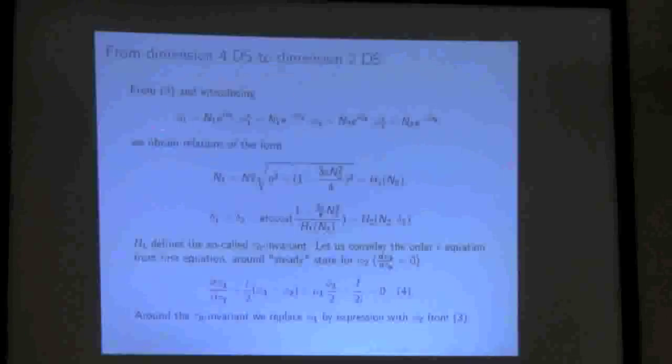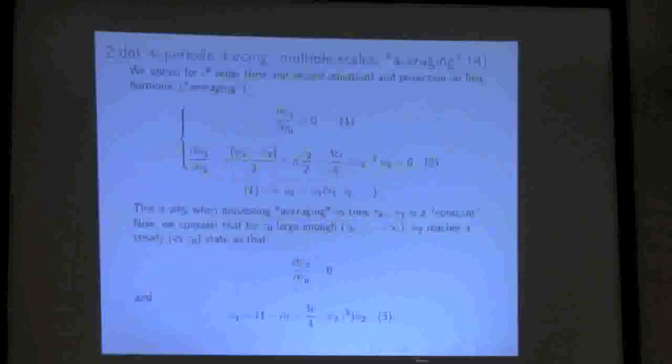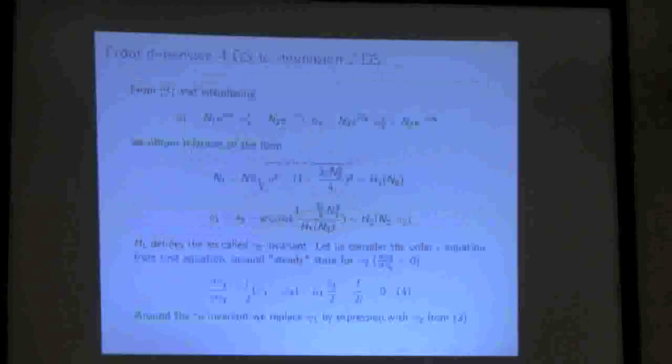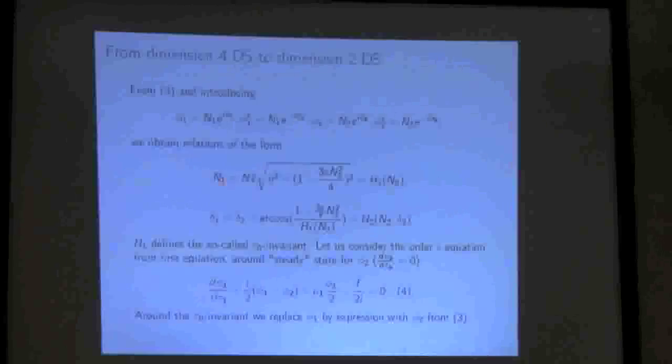I introduce now the polar form of phi 1 and phi 2 as in the previous case, but from the previous relation 3, it is clear that in the polar form we could obtain a relation between n1, the modulus of phi 1, and n2, the modulus of phi 2. Well, that is given in that form.